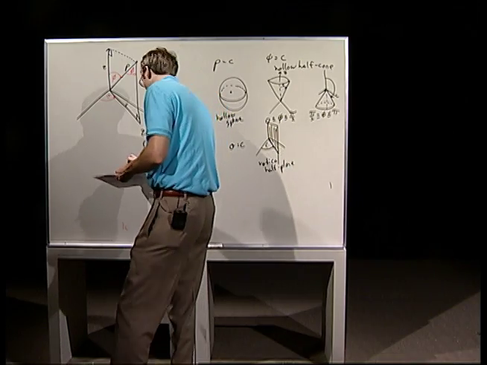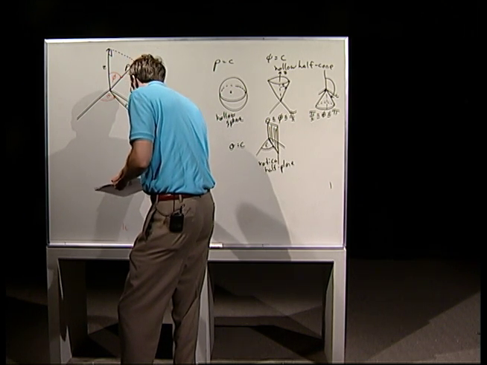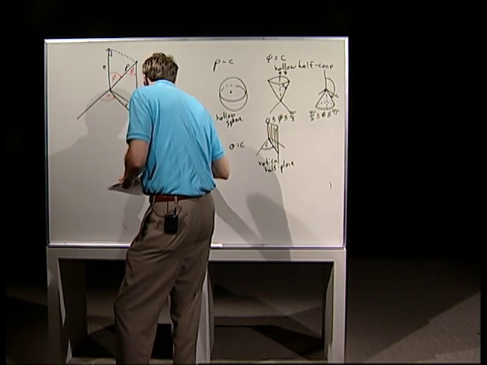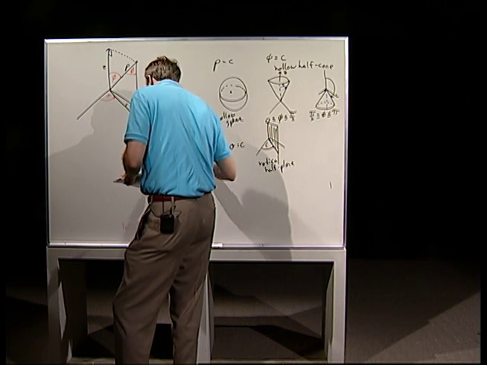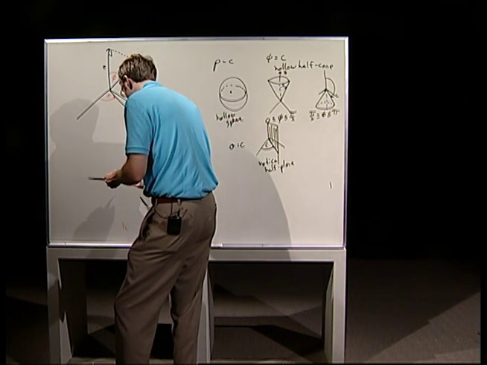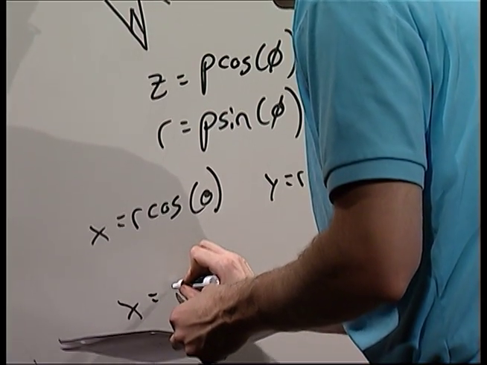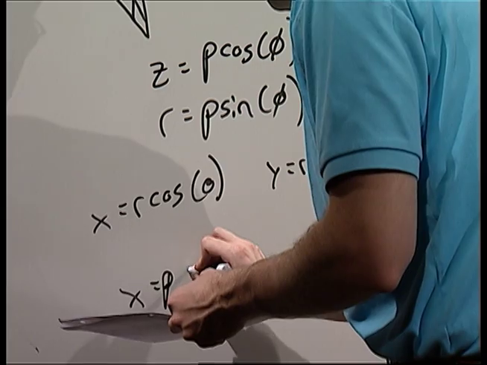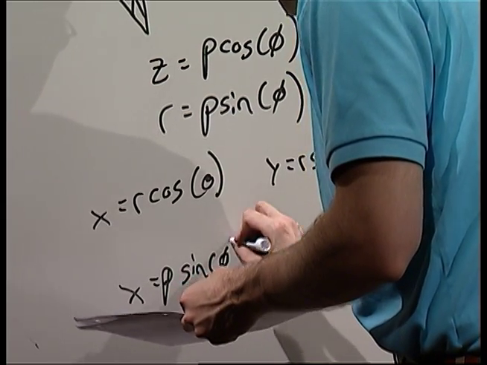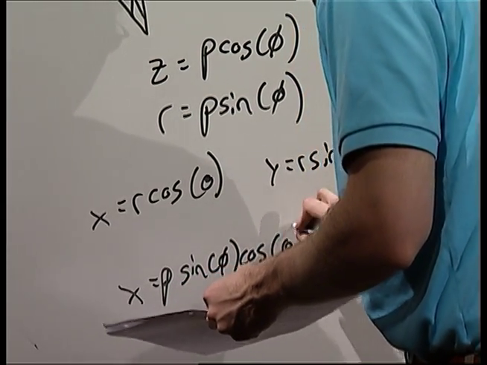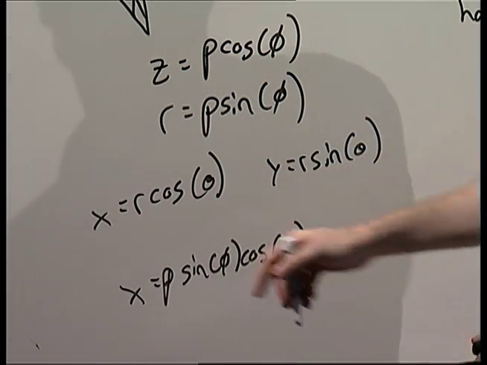And since we already know from polar, x is our cosine, y is our sine. What we get out of this all together, so you put all these together, you get x is rho sine phi cosine theta, right? That comes from plugging this in for r.